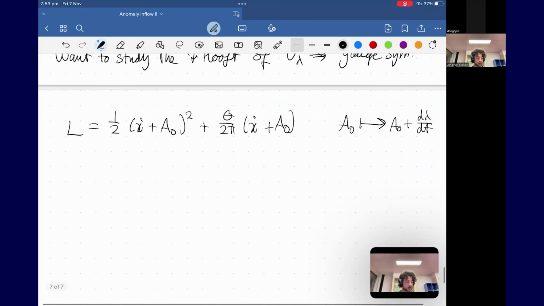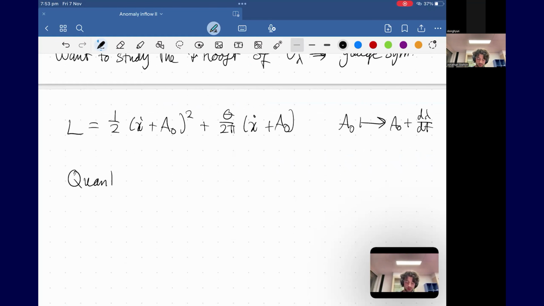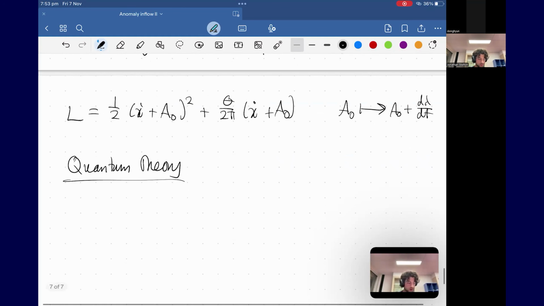Okay, so now we can upgrade this to be the quantum theory, where we put this in our partition function.